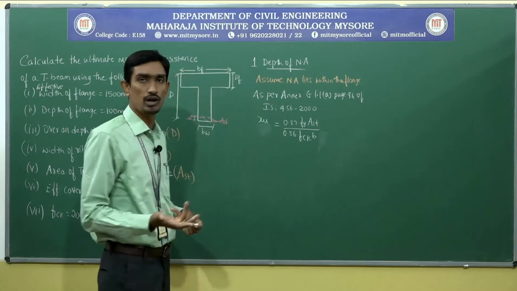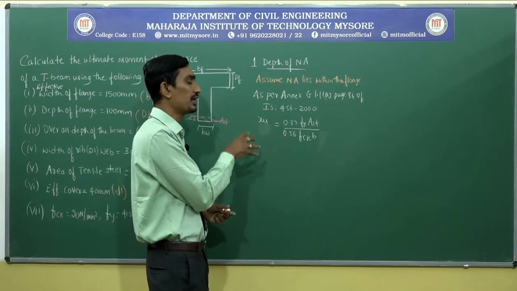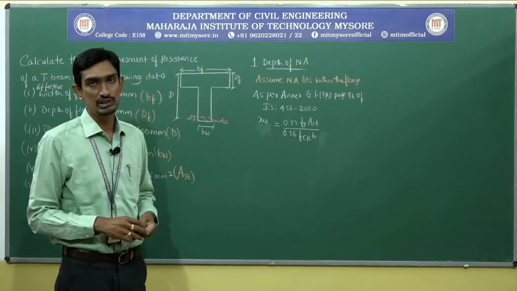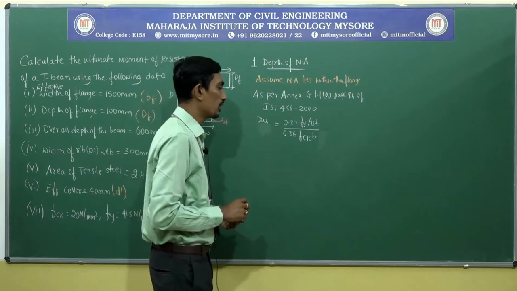You can retain that formula also, but you need to substitute the D values and finally arrive at the XU. So now I have written the formula.